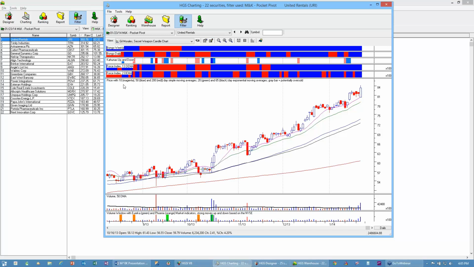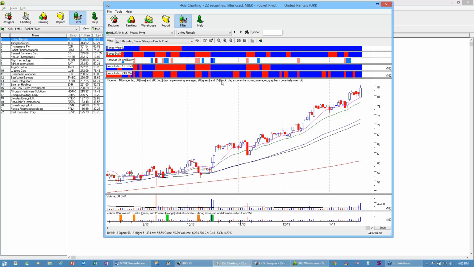He's going to have to explain to you what he does with those. The 10-day, the magenta, is a short-term support moving average. And if you look here, this is all color-coded for you. Green is the 20-period exponential moving average.